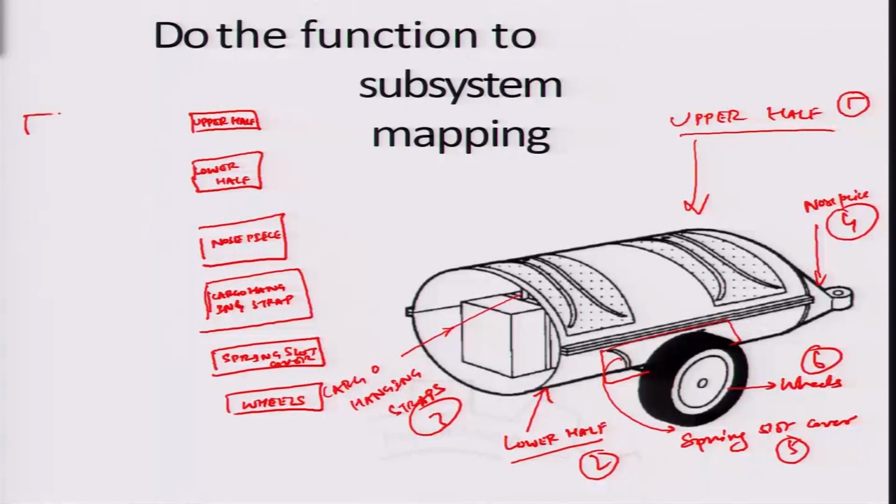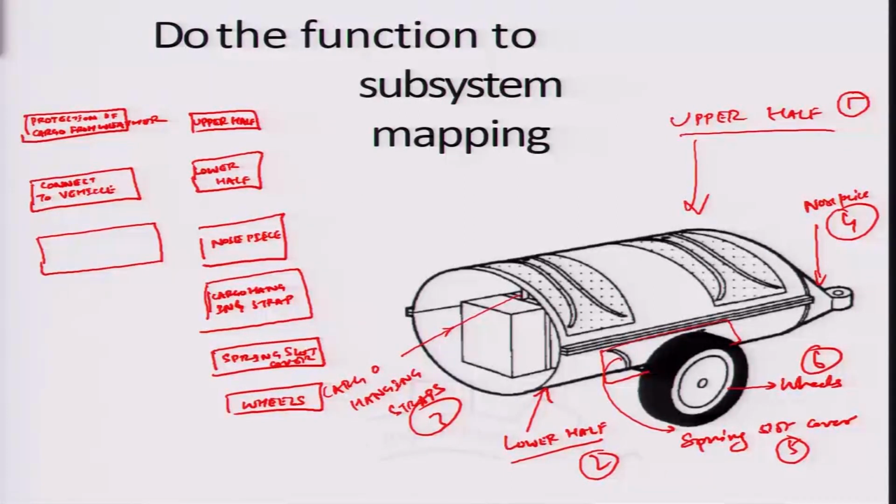The basic functionalities in this design could be something like, let us say, protection of cargo from weather, connection to the vehicle, the powered tractor or trolley or truck which is going to drag this whole cargo carrier.